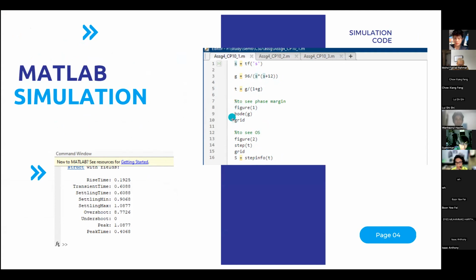This line is to see the phase margin from the Bode plot, and the second line is to see the percent overshoot from the step function. This line specifically is to see the step info, to see the overshoot from the step function graph.